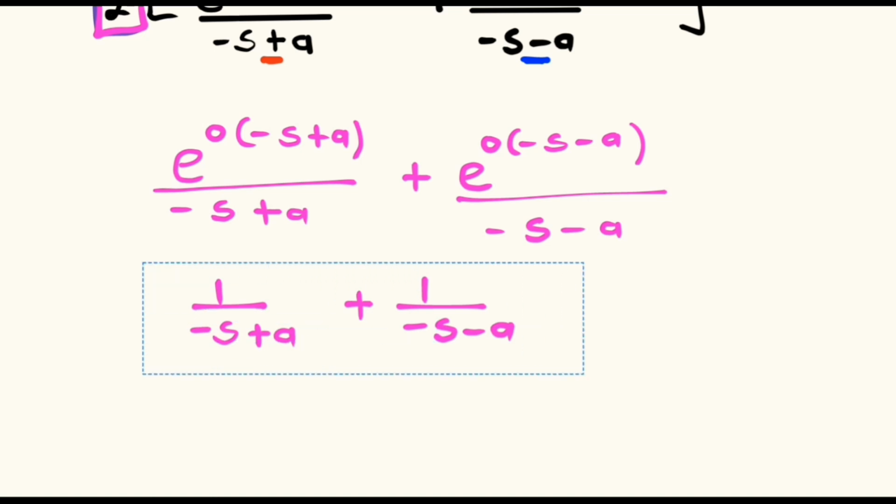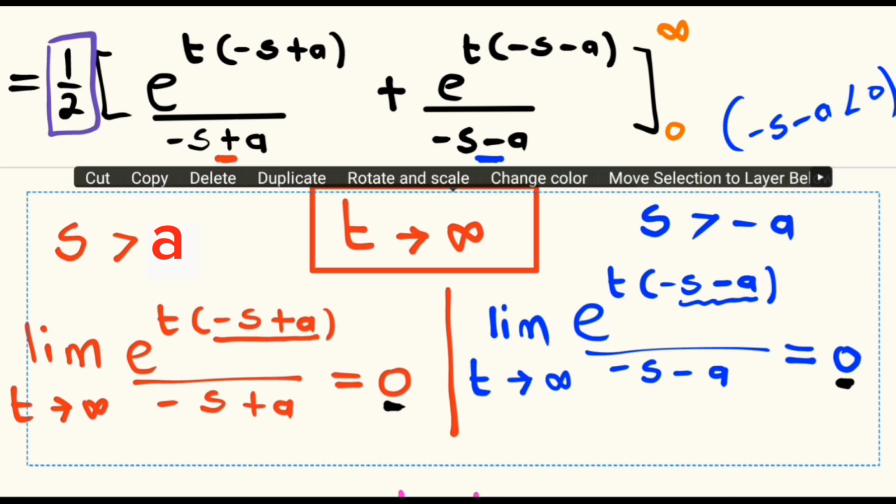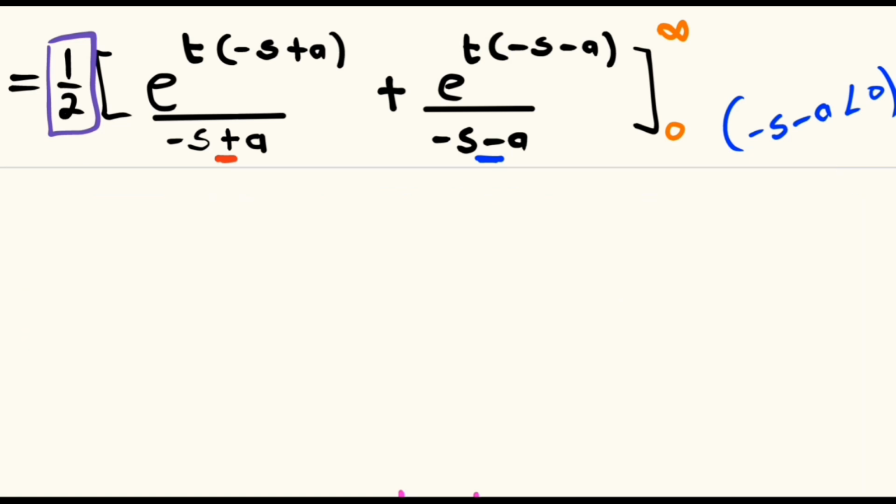From here we copy so that we can paste this later. And this will be equal to, so now we can include our half. So we have 1 over 2 multiplied by the result at infinity, which was 0, minus the result at 0.